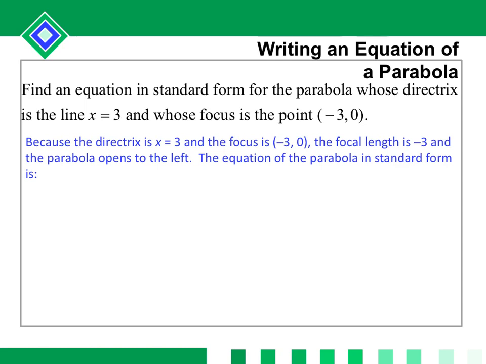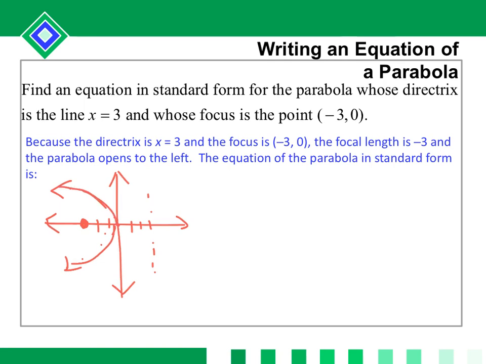Now let's go to this one right here. Find the equation in standard form of a parabola whose directrix is the line x is equal to 3. Let's just sketch it so that you can see where it's opening. x equal to 3, that's the directrix. The focus is at, 1, 2, 3. So that's the focus right there. And we know the center is here, so we know it's opening in that direction when we sketch it.